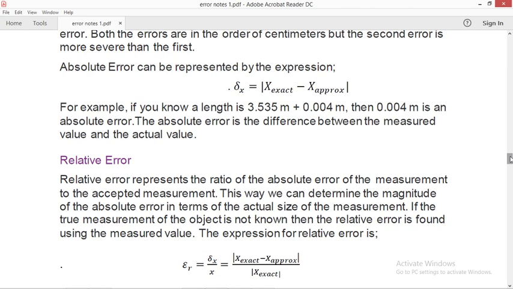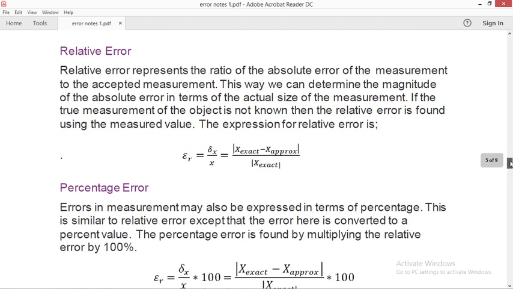Now let's talk about the relative error. Relative error represents the ratio of the absolute error of the measurement to the accepted measurement. This way, we can determine the magnitude of the absolute error in terms of the actual size of the measurement.